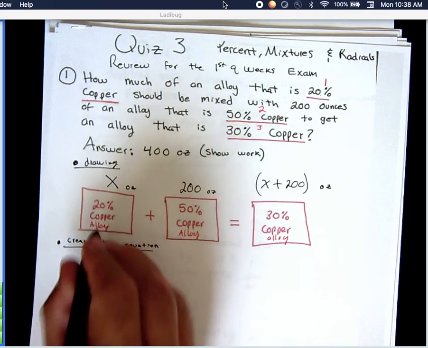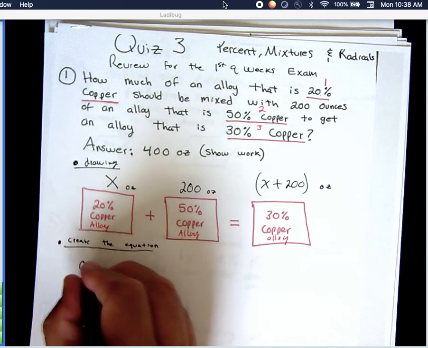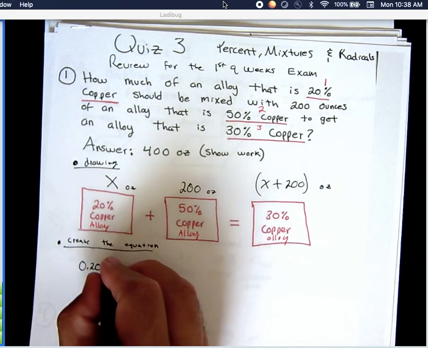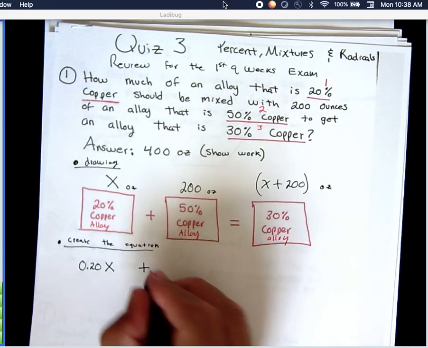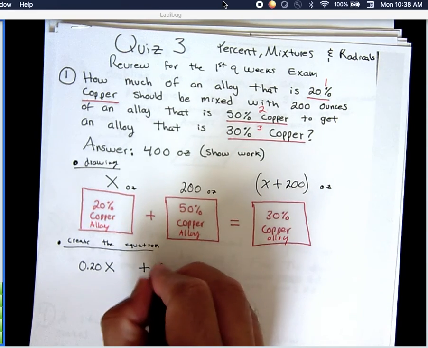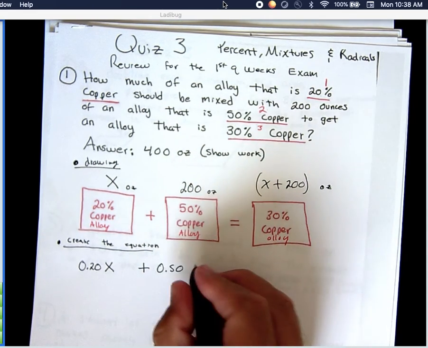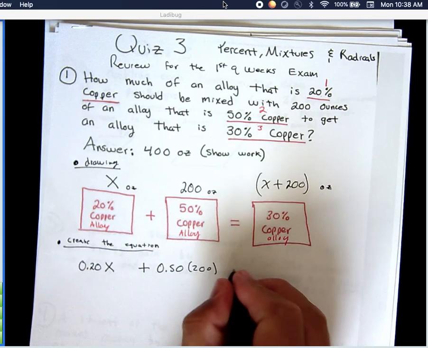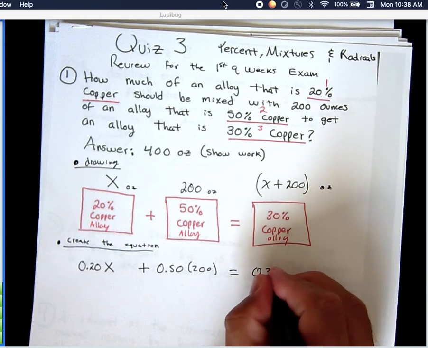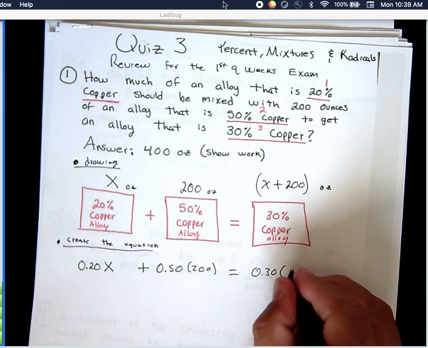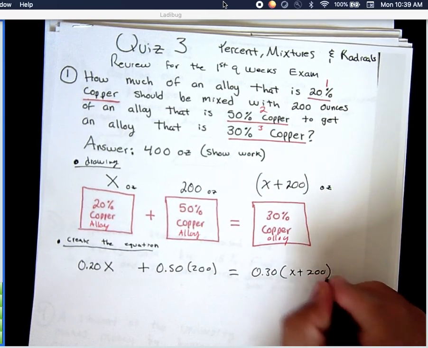How? We're going to multiply the concentration of copper times the ounces, which is X, we don't know, plus the concentration of copper for these times the ounces, equals the concentration, which is 30, times the ounces of this, which would be that.